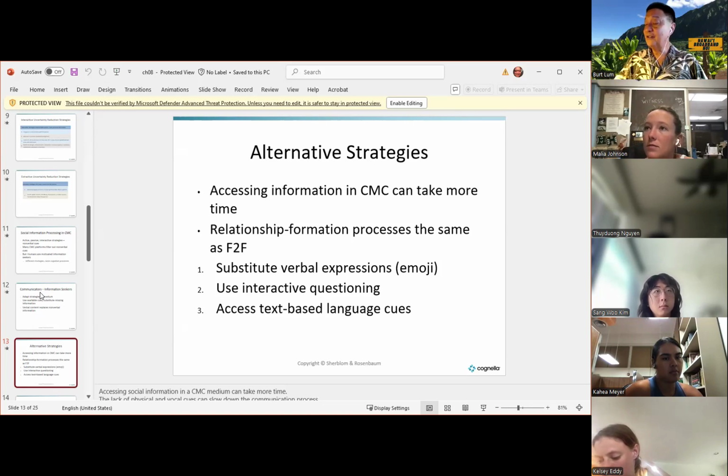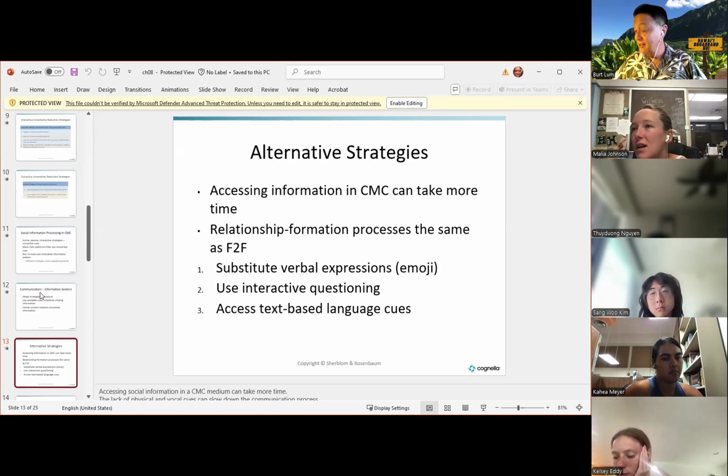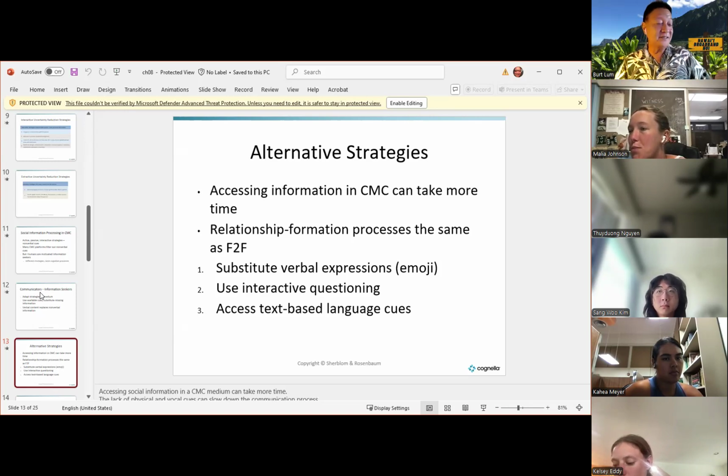So whether you're relying on your ability to foster a relationship over the CMCs, you still have to do the same thing over face-to-face, but it takes a different amount of time, different techniques to use, different information processing indicators, but the process is still the same. You still have to kind of figure it out, right?